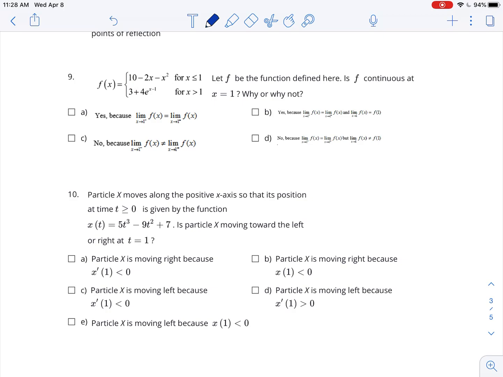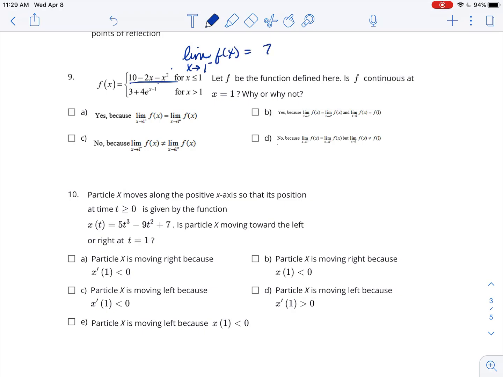Number 9, let f be the function defined here. Is f continuous at 1, yes or no? Okay, so let's see what this is. So if I go from the left side, I'm going to evaluate the function, this first guy, at 1, and so I believe that gives me 10 minus 2 is 8, minus 1 is 7.